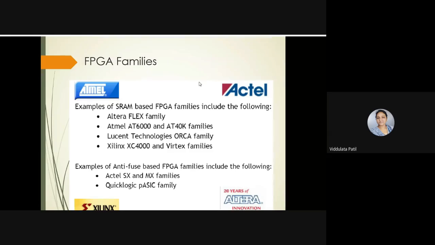These are the families that are available, but our interest is in the Altera FLEX family. So we are going to see the Altera FLEX 10K family.